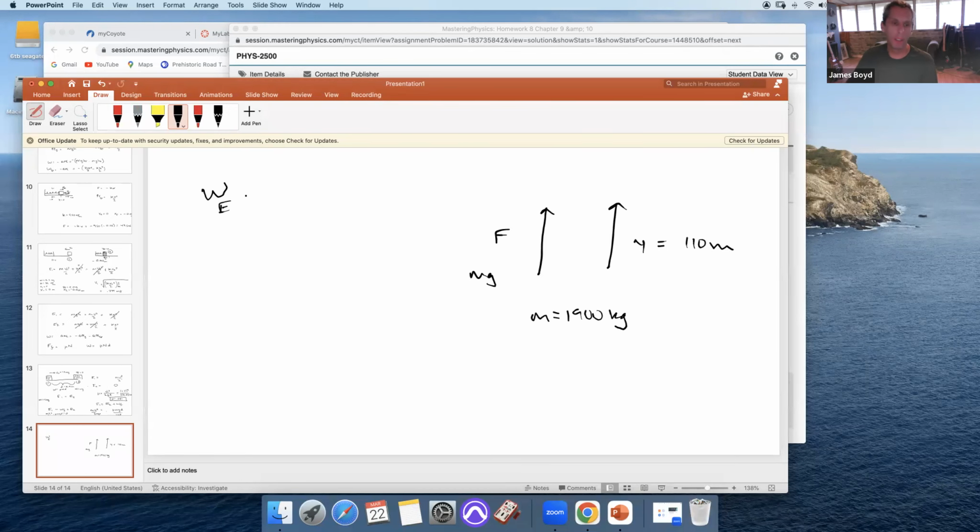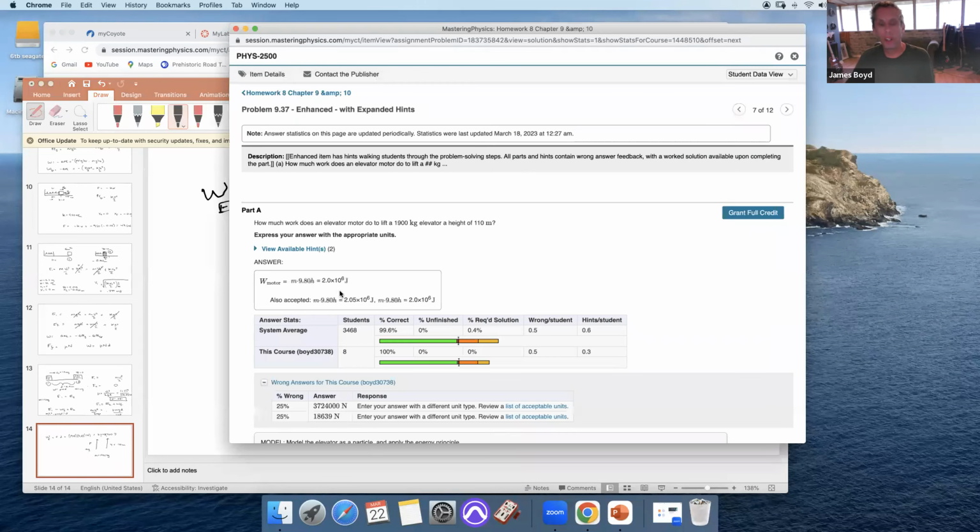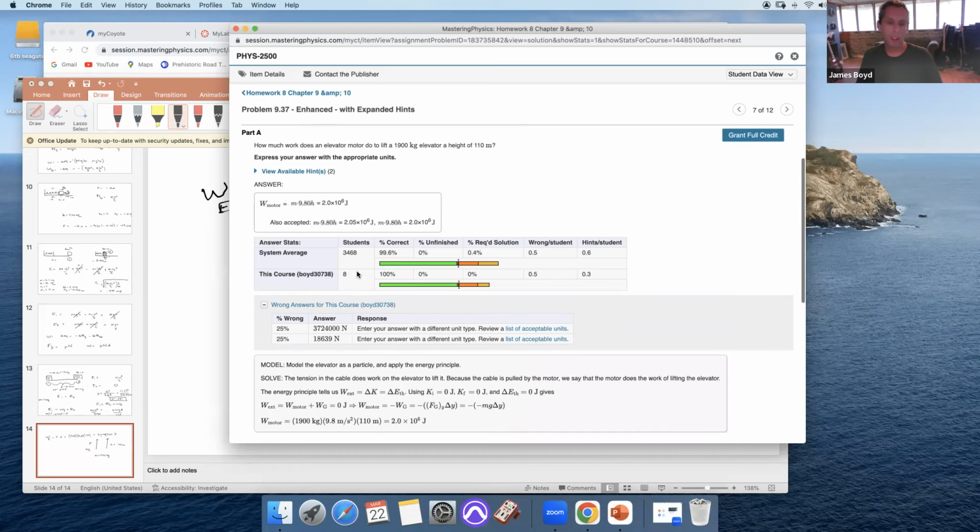So the work done is force times d, or 1900 kilograms times 9.8, that's our mg, times 110. So 1900 times 110 times 9.8 gives me 2,048,200 joules of work. So 2 times 10 to the 6, about 2 million.